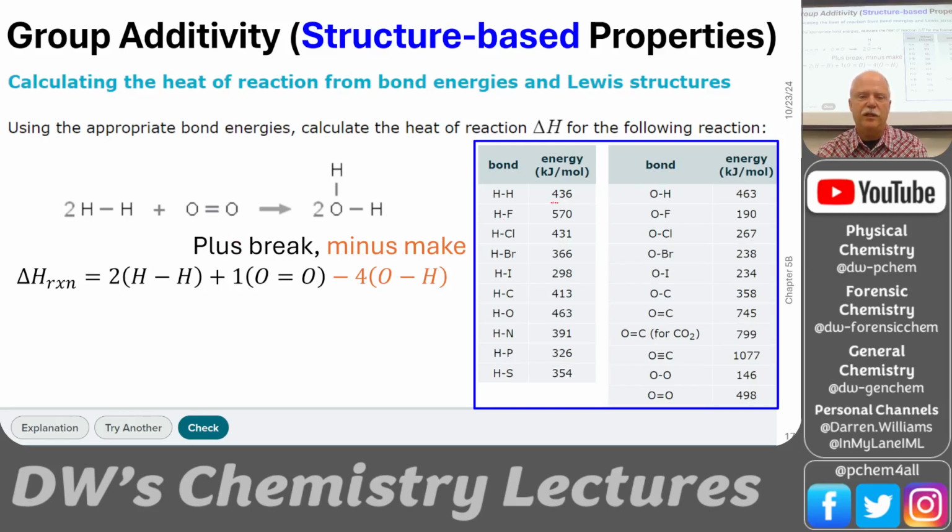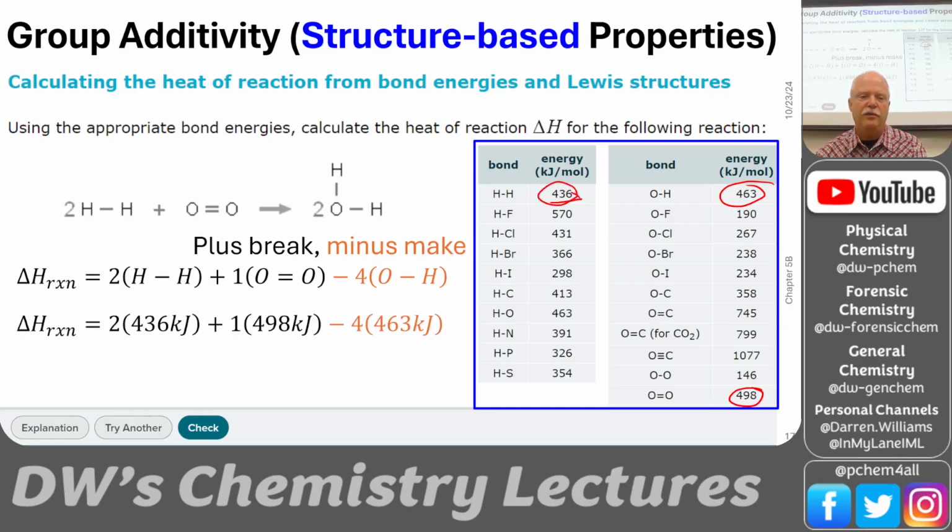So that's the 436. And we got 1 double O, and we're going to make 4 OHs, and those are the 463. So these are the 3 numbers that we have. And so we're going to have 2 times the 436, plus 1 times the 498, minus 4 times the 463s.